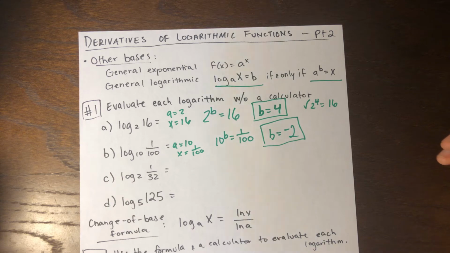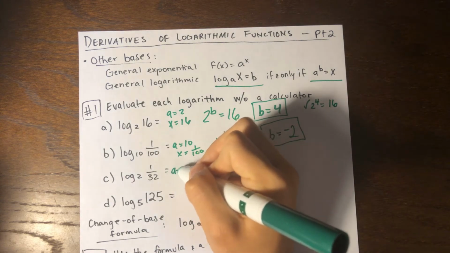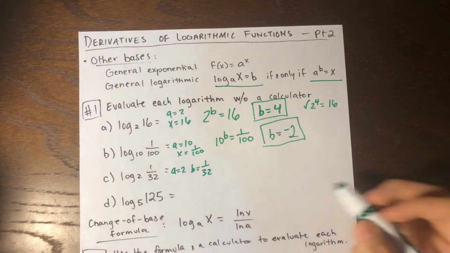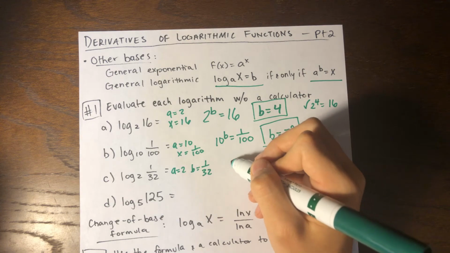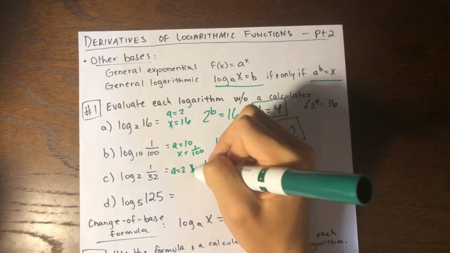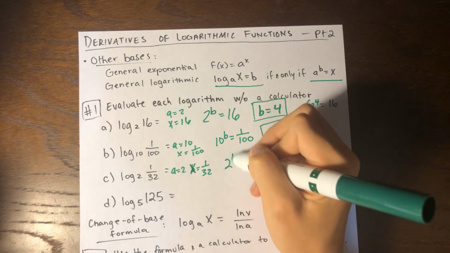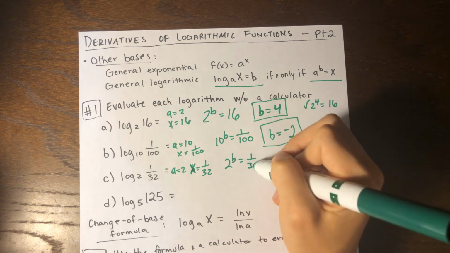So the next thing we need to do is move on to the next one, which a in this case is 2, x is 1 over 32. So just like the last one, we have 2 to the b power is equal to 1 over 32.